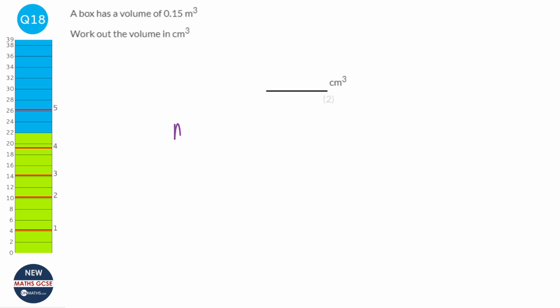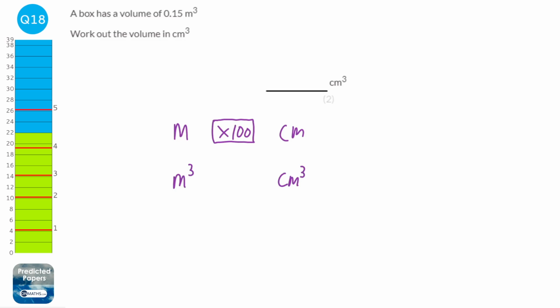To convert from meters to centimeters, we times by 100. But here we're asked to convert between meters cubed and centimeters cubed. So we times it by 100 per dimension. Meters cubed and centimeters cubed is volume, which is 3 dimensions. So we times it by 100 3 times, times 100, times 100, times 100, or times by 100 cubed.